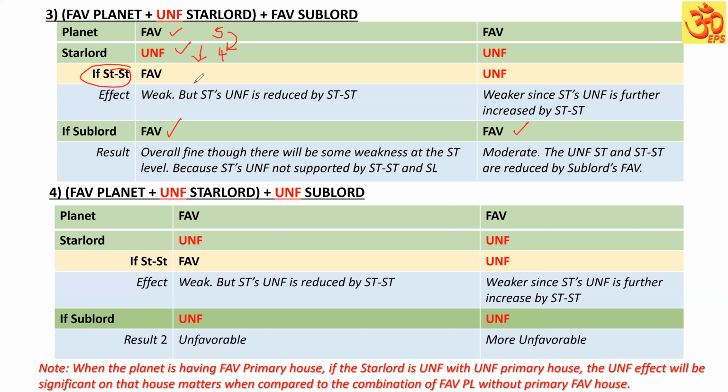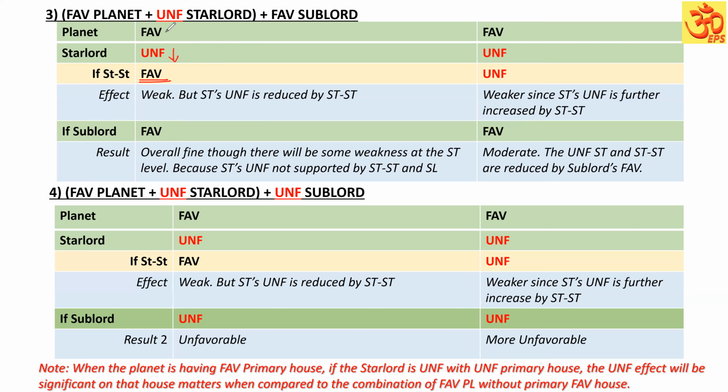The planet favorable means especially in CL and CSL. That is the general rule we have already discussed. Okay, now let me come to the discussion. The planet is favorable, the star lord is unfavorable. Now, the unfavorable star lord is not further supported by an unfavorable star lord of the star lord, but the unfavorable strength is reduced because the star lord of the star lord is favorable.